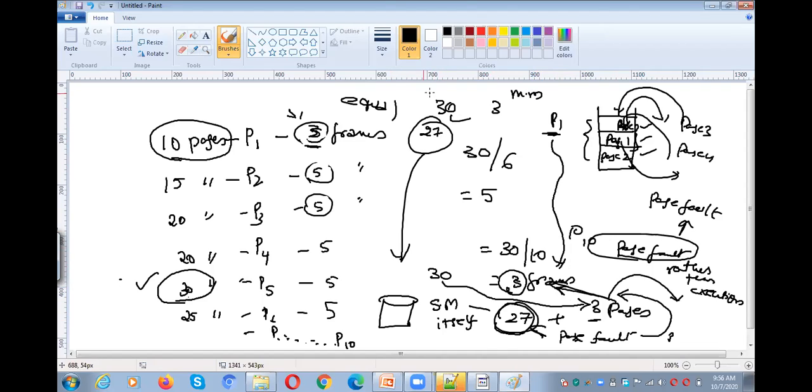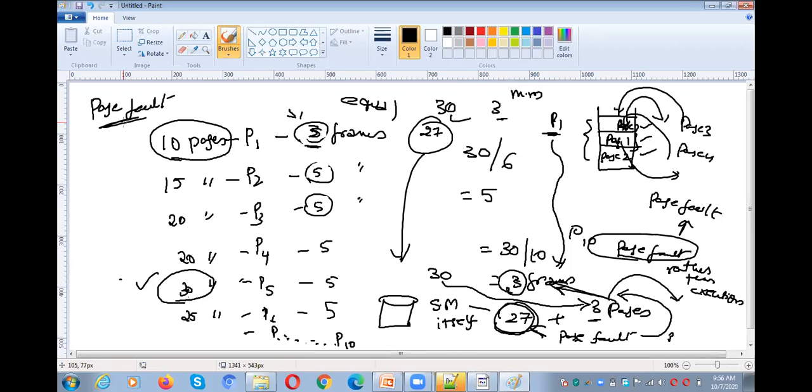So whenever you require a page for execution, for the CPU, that page is not available. So all the time page fault occurs. That is the reason why the system performance will be reduced because of this high paging activity.